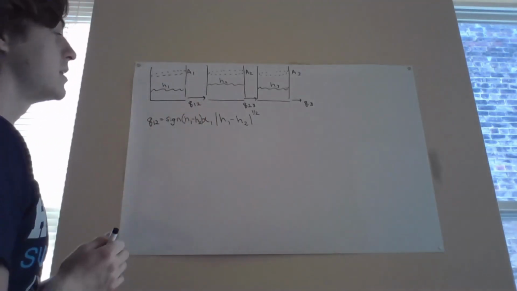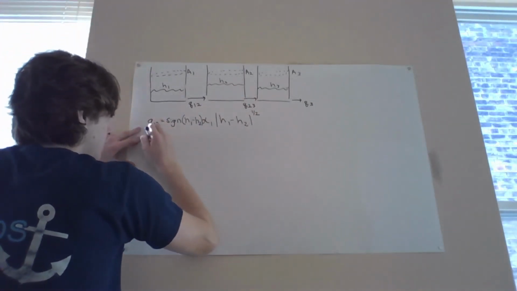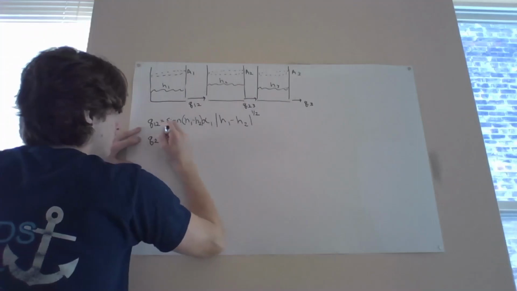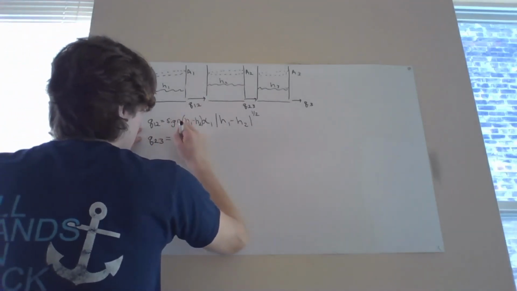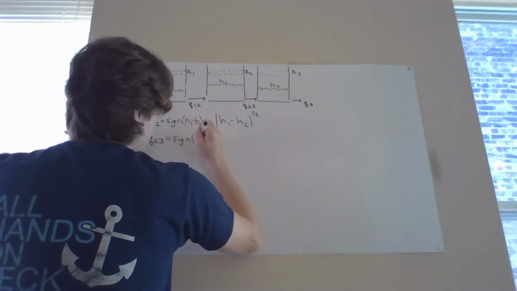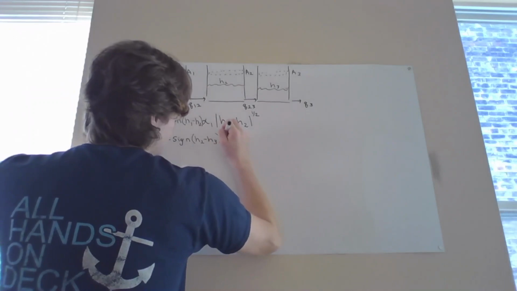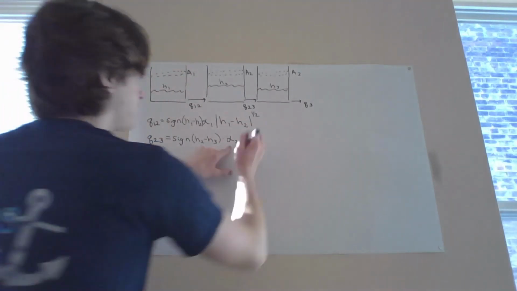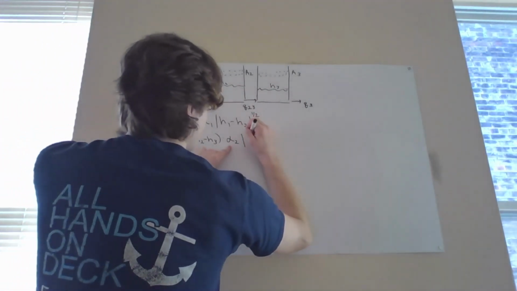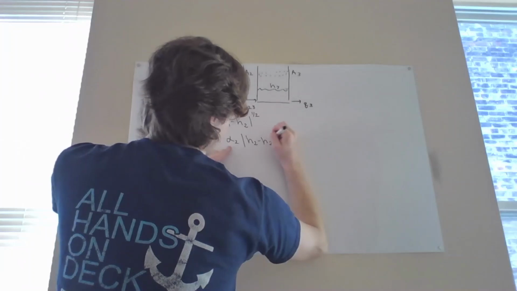So we're going to see the same thing with the flow rate between tank 2 and 3. It will be the sine of the difference between tank 2 and tank 3 times a second proportionality constant times the square root of the difference between tank 2 and tank 3.